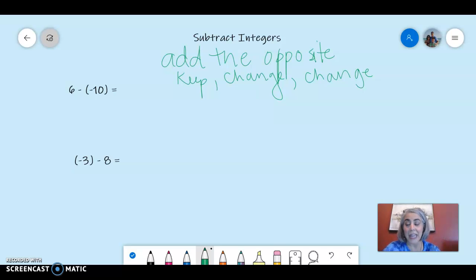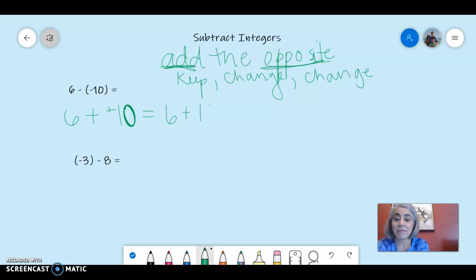What they're really telling you is to take your first number, change it to addition, and give the next number the opposite sign, so that this problem says 6 plus positive 10. So our 6 minus a negative 10 turns into 6 plus 10.